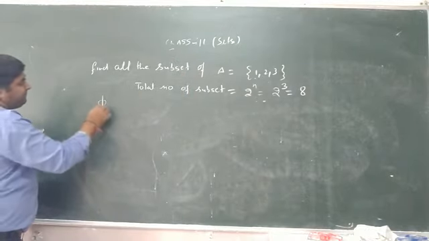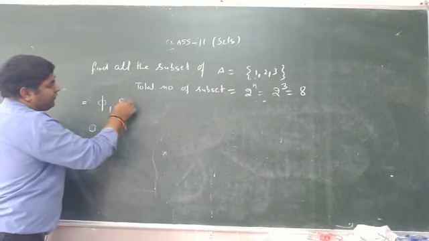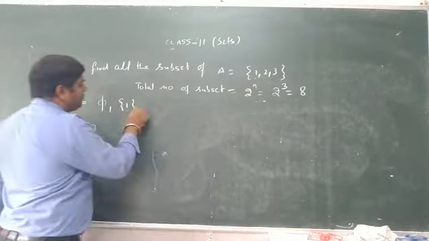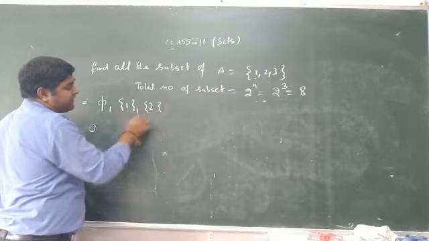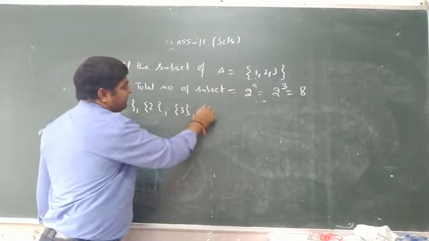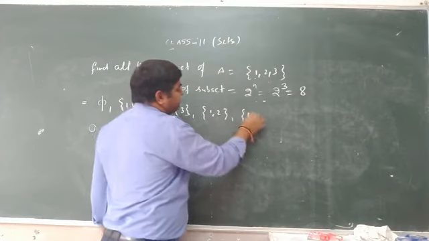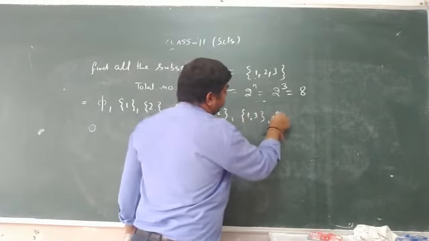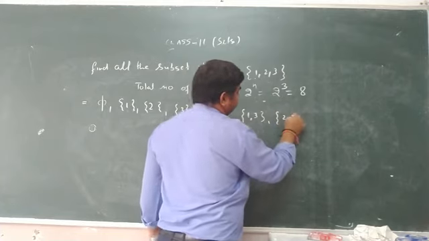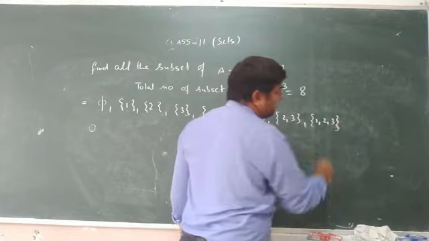So phi is always a subset. Then {1}, because 1 is present in {1, 2, 3}. {2}, keep in mind we have to write in curly brackets. {3}, then {1, 2}. Then {1, 3}. Then we have {2, 3}. And then {1, 2, 3} is a subset of itself.